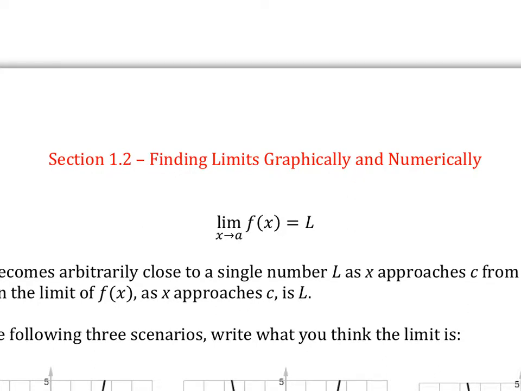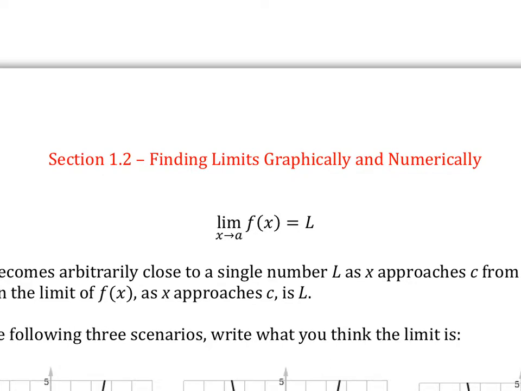Basically what it's saying is when x is going to c, your y or f of x is going to L. We kind of did that last year, with end behavior and asymptotes. But basically, when x is going to a number, y goes somewhere. If y goes to a number as well, then that is the limit.